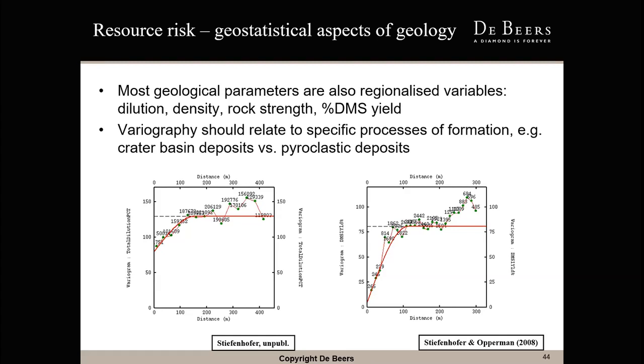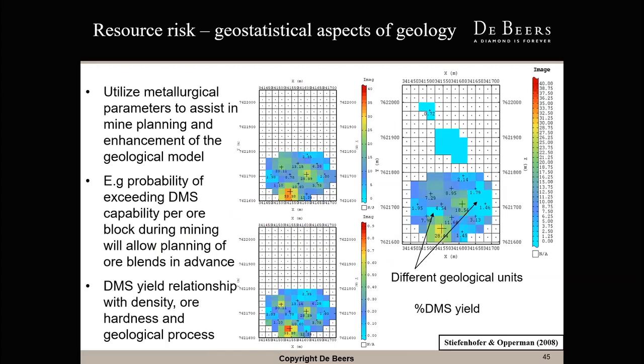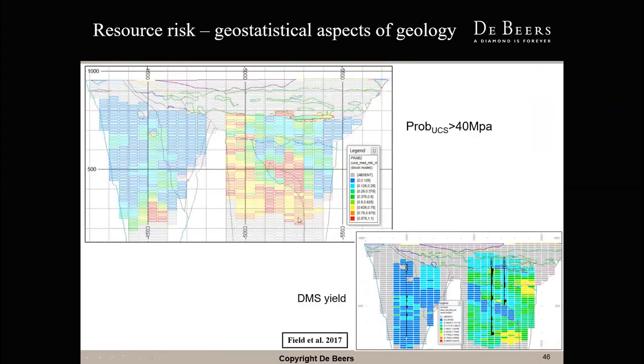And that allows you to move to a different level in terms of risk definition. You can then create block models from these parameters, and that could be an additional input into your mine planning process in terms of either treatability, rock strength, or whatever the case might be.